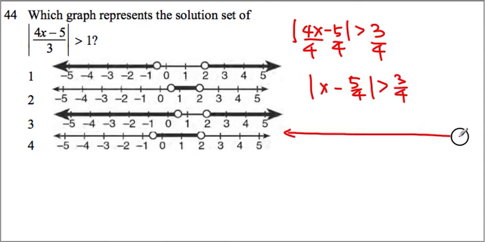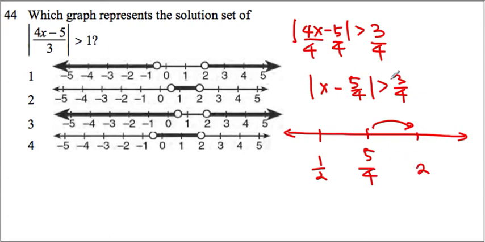Our center becomes, once again, 5 over 4, and the distance we're going to measure will be 3 over 4 on both sides. If I go up by 3 over 4 from 5 over 4, I'll be getting 8 over 4, which is equal to 2. If I subtract 3 over 4, then I'll be getting 2 over 4, which is equal to 1/2. So 1/2 to 2 becomes our section.